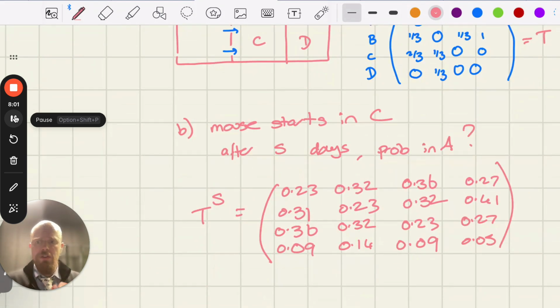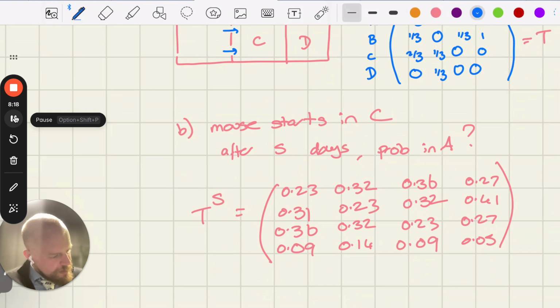After raising to the power 5, this is the matrix that I get. The columns should add up to 1. They may not exactly because I've rounded the numbers. If you give them to the exact, like 10 digits, 11 digits, whatever, then that will add up to 1. Because I've rounded it, might not add up exactly.